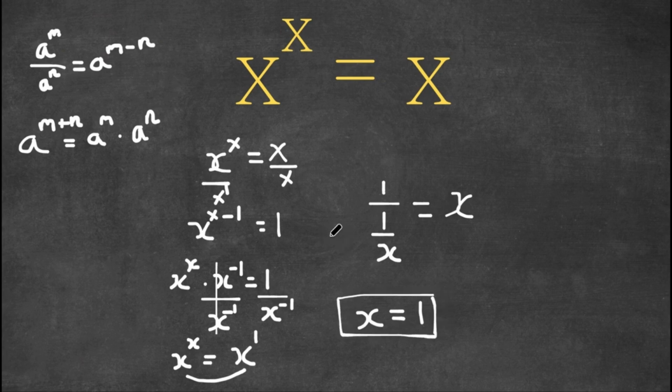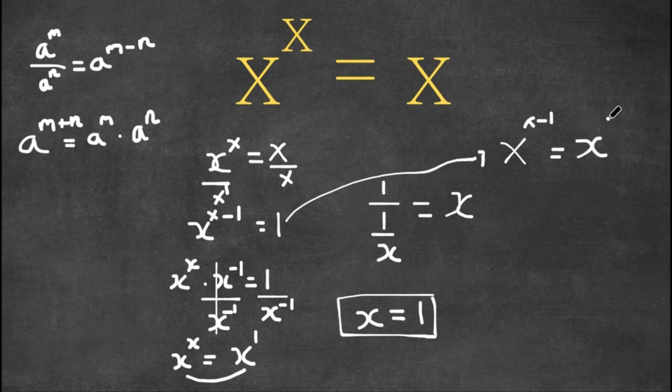However, remember this equation? x to the power of x minus 1 equals 1. Well, I'm actually going to rewrite this as x to the power of x minus 1 equals x to the power of 0, because 1 is the same thing as x to the power of 0.